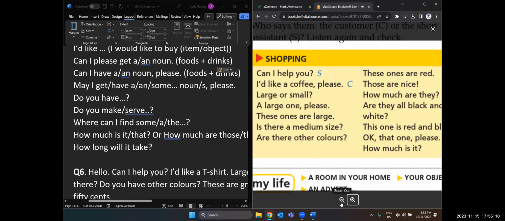So this one is red and blue for Barcelona. Is there a red one for Manchester United? No, there isn't. Sorry. Oh. Okay, that one, please. This one? Yes, please. How much is it? It's 21 euros.